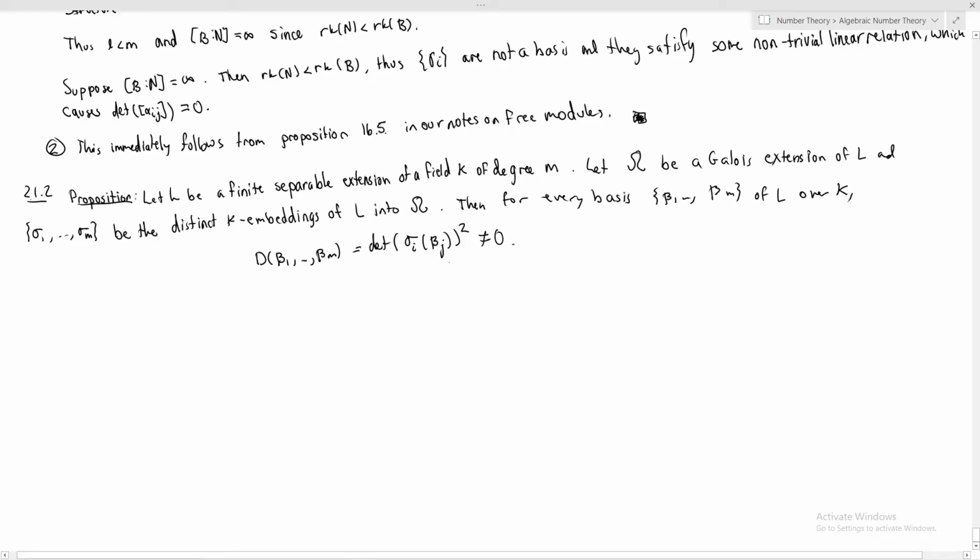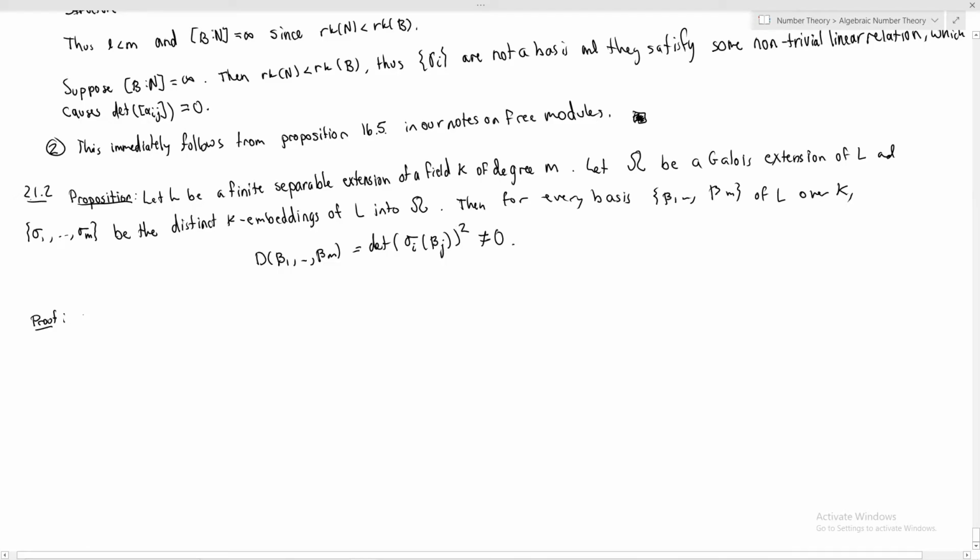So this formula is useful, but the really important thing is that this is non-zero. So this is going to tell us basically that our trace form on finite separable extensions is non-degenerate. So this is going to end up being very useful in the proof that rings of integers are finitely generated modules.